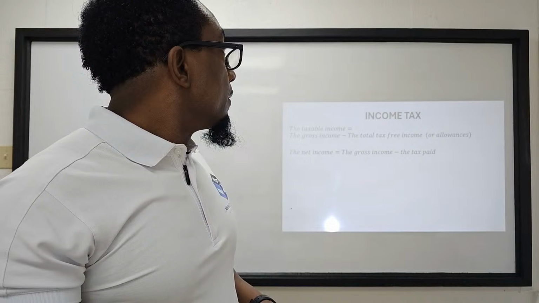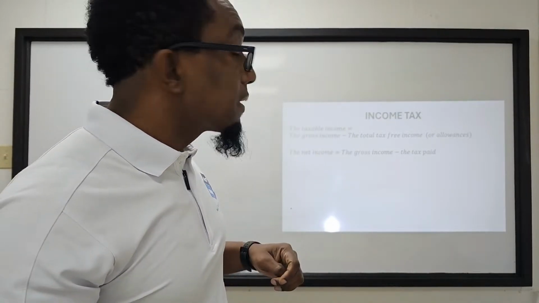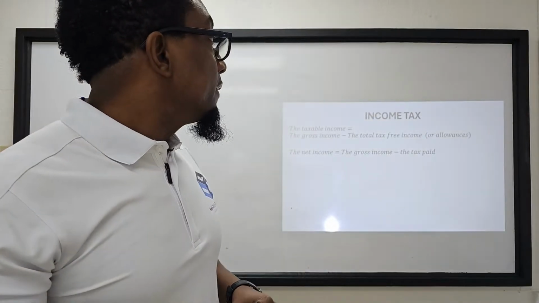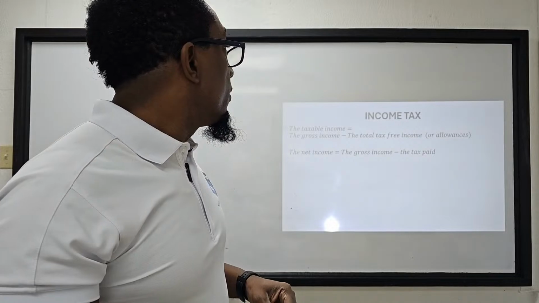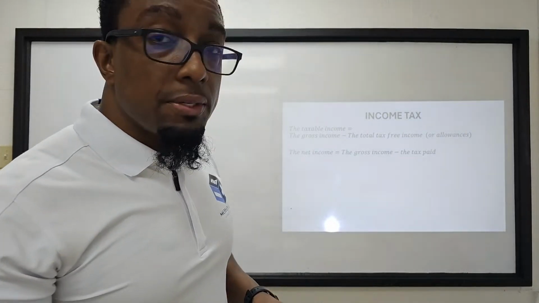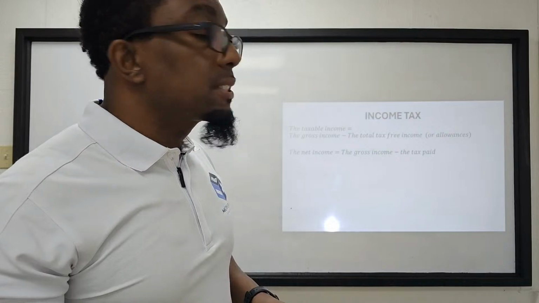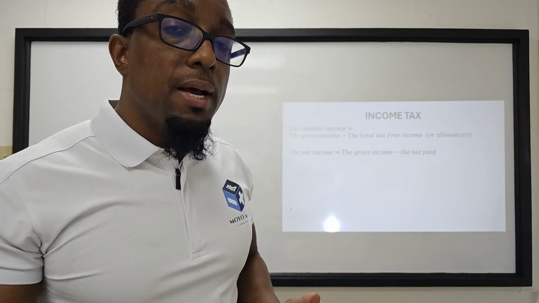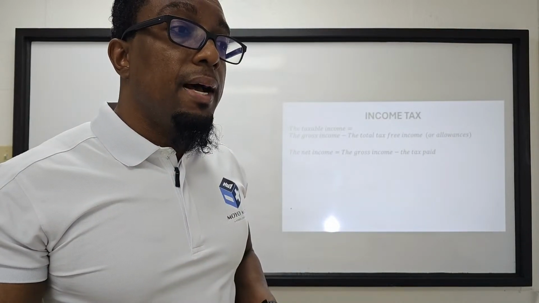So, for us to determine your income tax, there's something called taxable income. That is income that is taxed. And the taxable income is basically your gross income minus the total tax-free income. So the tax-free income will be allowances. Those are allowances that aren't taxed.